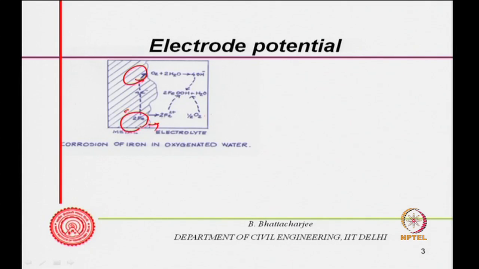At the anode, Fe dissolves into the solution as Fe plus plus and 2 electrons. The electron moves along this direction to the cathode and reacts with oxygen and water forming hydroxyl ion, and Fe goes into solution and reacts with this hydroxyl ion forming Fe(OH)2, and so on. So, you have the anode and the cathode.